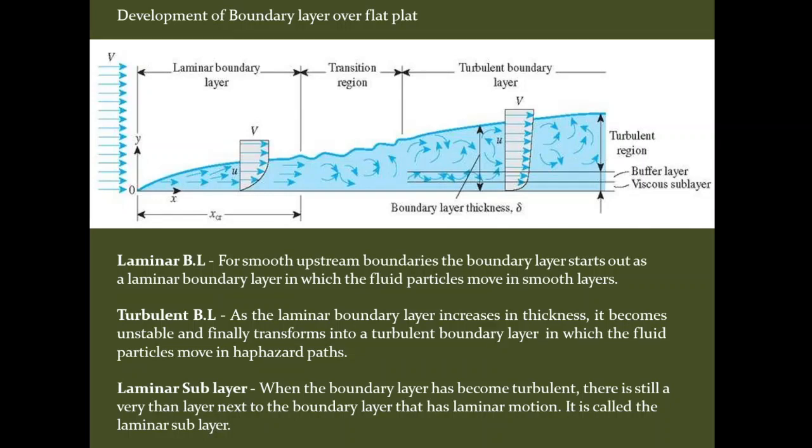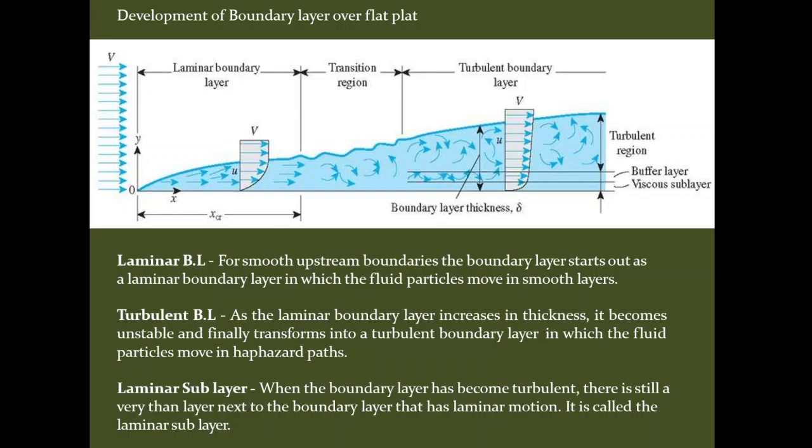Now if a plate of a longer length is used, the thickness of the boundary layer will go on increasing in the downstream direction. See, here the thickness of the boundary layer is less, here it is increasing downstream.